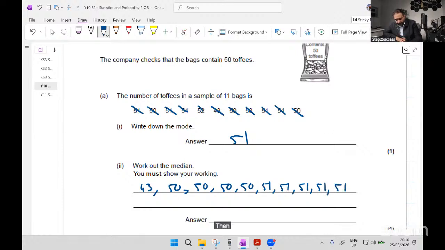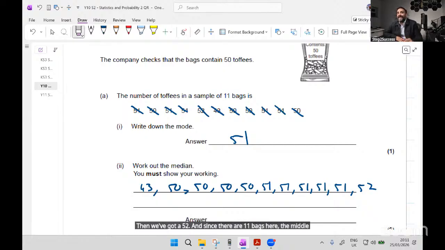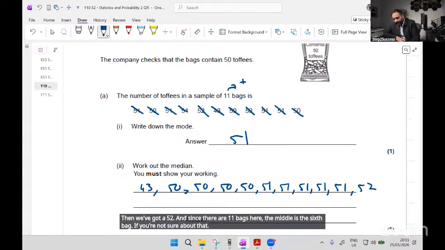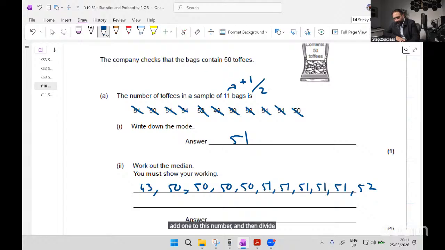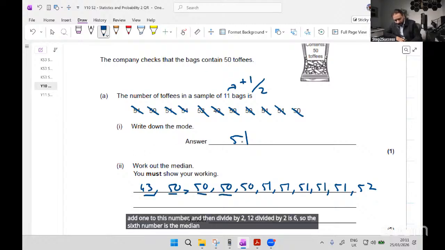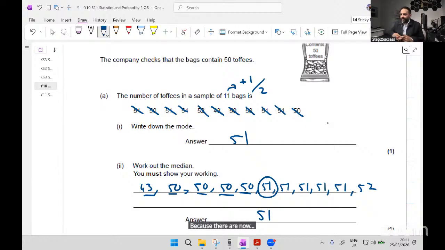Then we've got a 52. And since there are 11 bags here, the middle is the sixth bag. If you're not sure about that, add 1 to this number and then divide by 2. 12 divided by 2 is 6. So the sixth number is the median. 1, 2, 3, 4, 5, 6. Because there are now 5 either side of it.